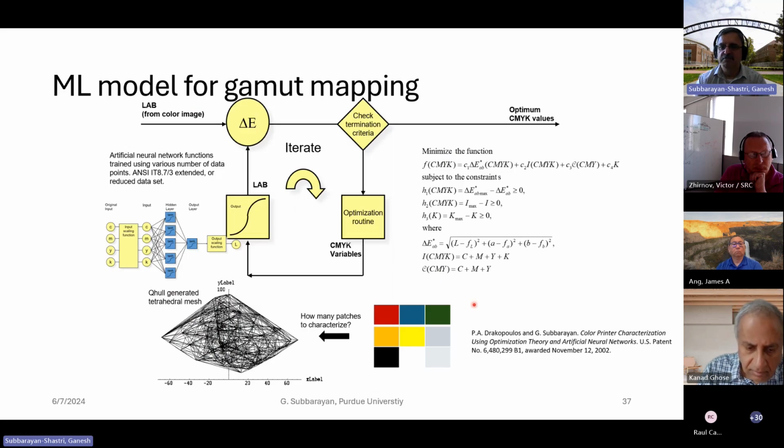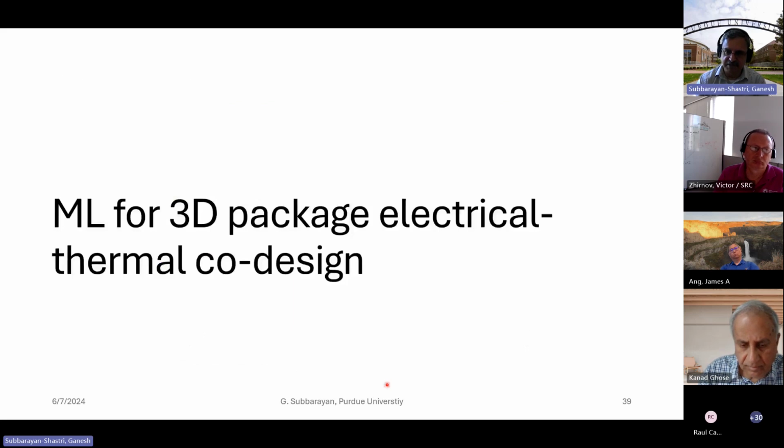Why did it work? Because we were willing to invest the extensive time required to build this machine learning model by printing thousands of color swatches, color patches. We actually characterized 7,000 color patches here in order to build this accurate machine learning model. So that's the message of machine learning.